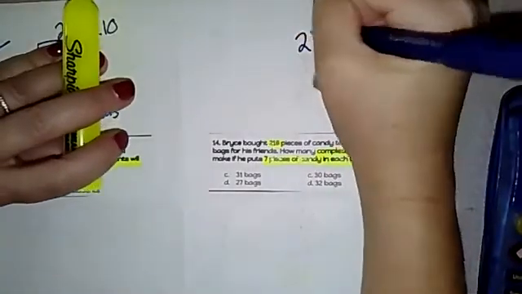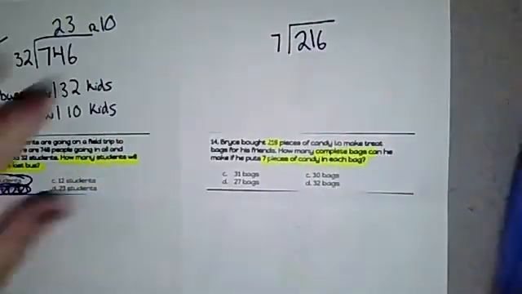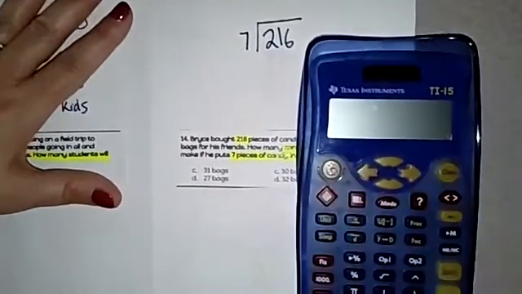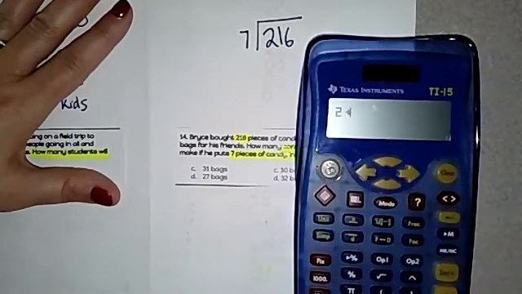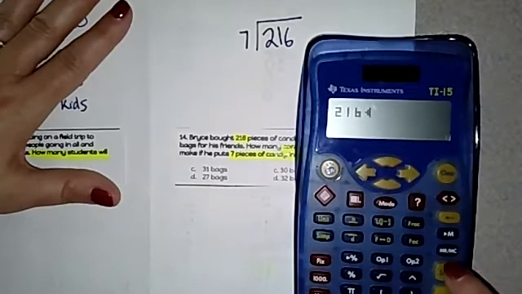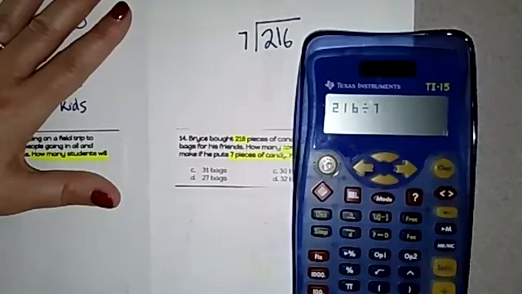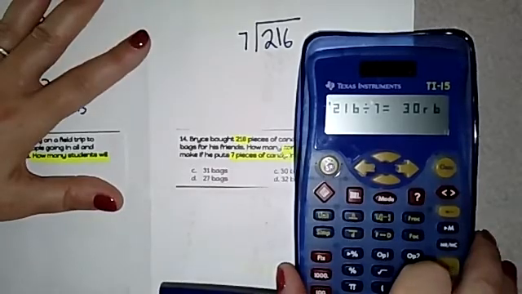So this is 216 divided into 7 in each bag. Now let's INT divide it. So do 216 INT divide by 7. So we got an answer of 30 remainder 6.